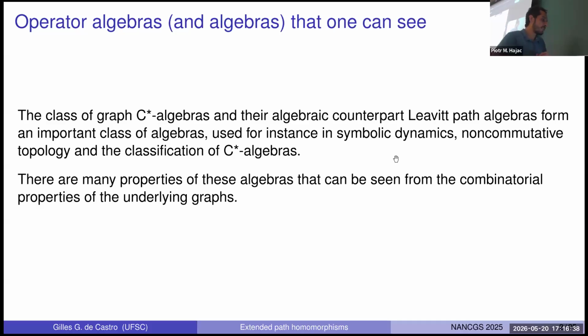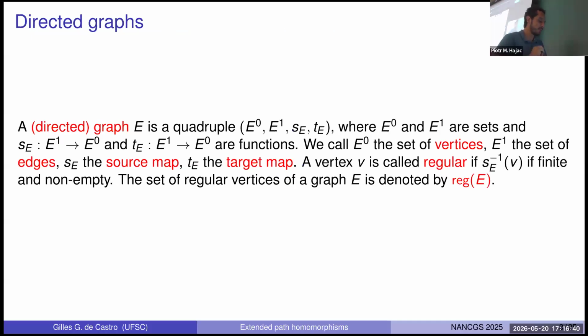This first slide is just to put some terminology. By a graph, I mean a directed graph. So we have these two sets of vertices and edges, and these two maps, the source and target maps. There's a hypothesis that we usually don't say, but we usually think that these two sets are disjoint. So vertices are thought of as paths of length 0 and edges as paths of length 1.